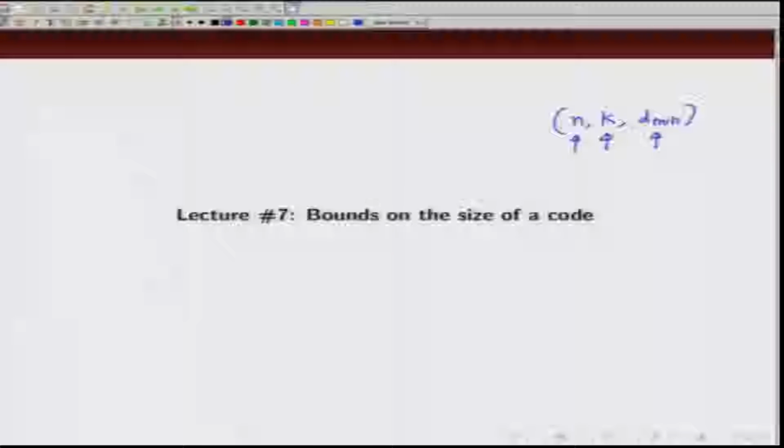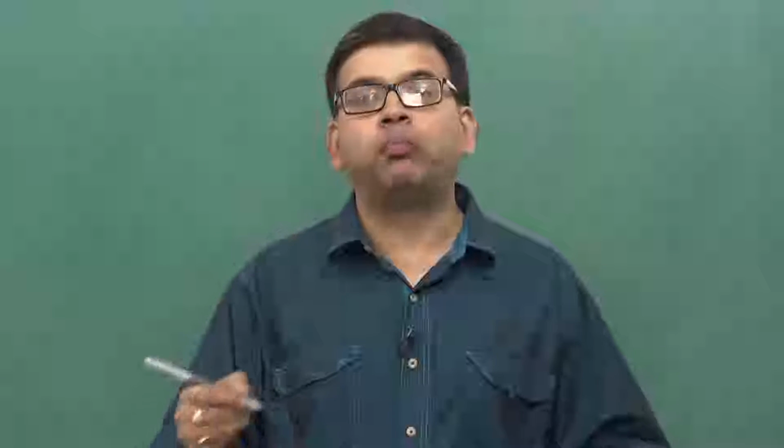Or if n and k are specified, I am interested in finding the maximum minimum distance I can get. So, fixing two parameters, I am interested to know about the third parameter, and in this lecture we are going to talk about bounds that link these three parameters.